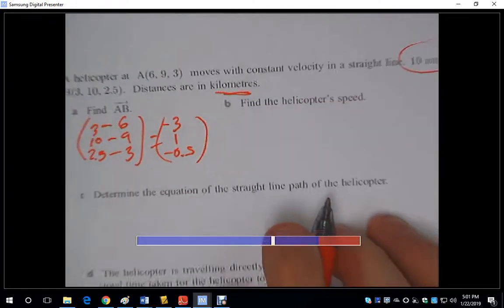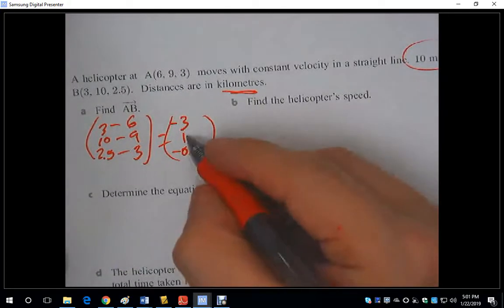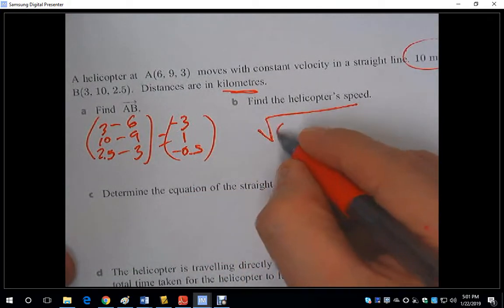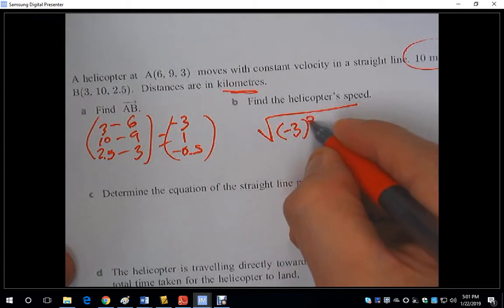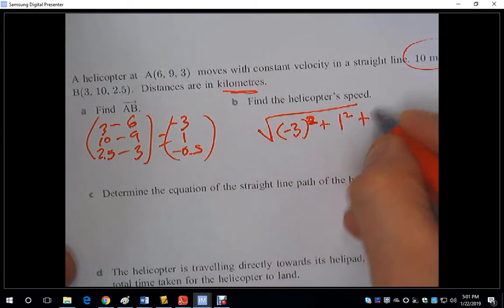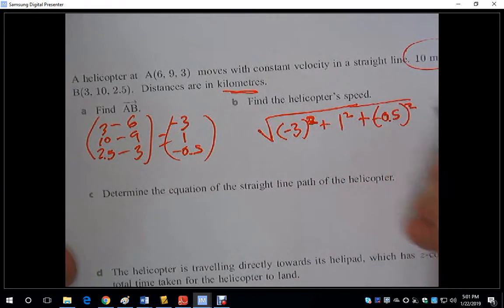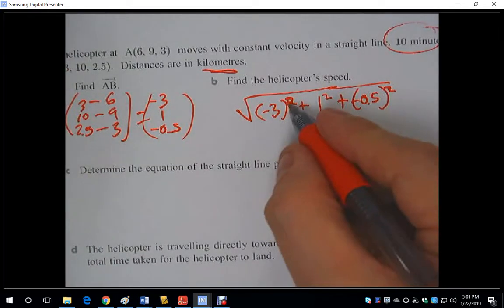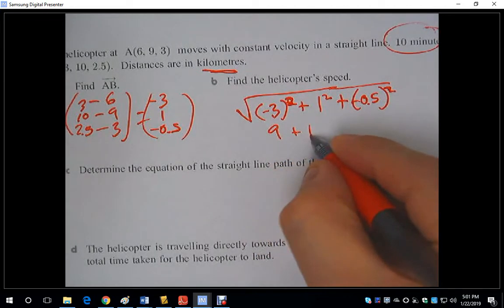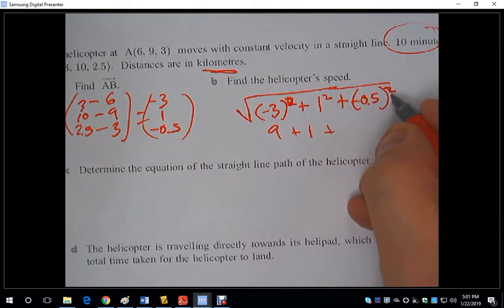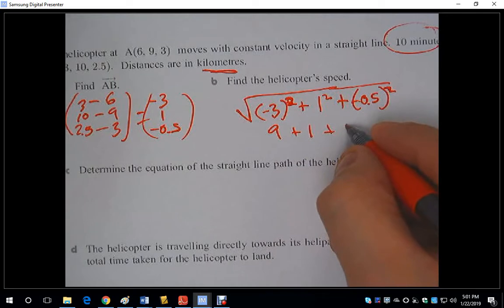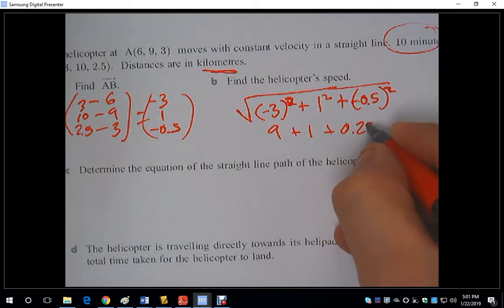Find the helicopter speed. Well, the helicopter speed is just going to be the magnitude, so I have the square root of negative 3 squared plus 1 squared plus negative 0.5 squared. Well, negative 3 squared is going to give me 9, plus 1, plus negative 0.5 squared is going to give me 0.25.